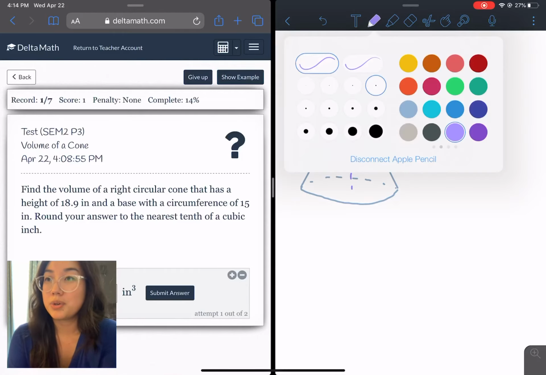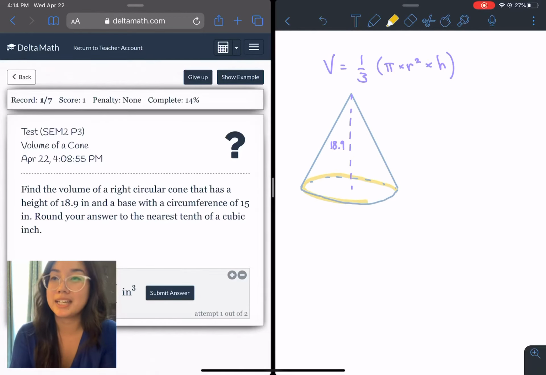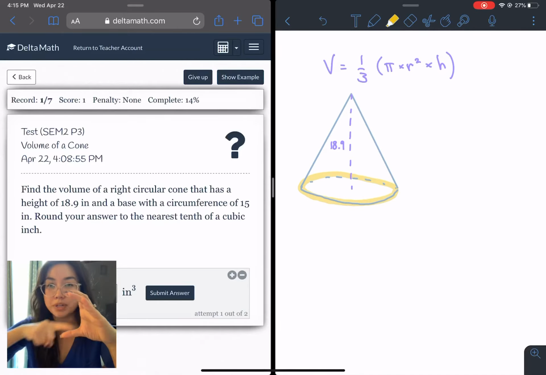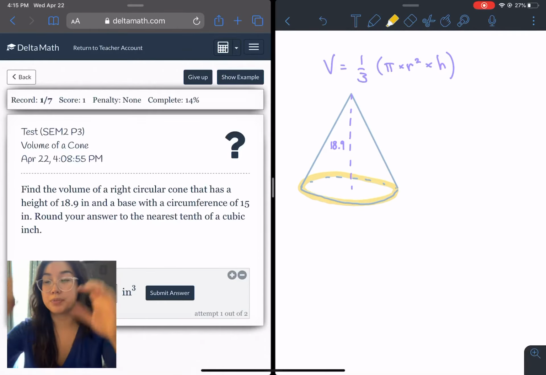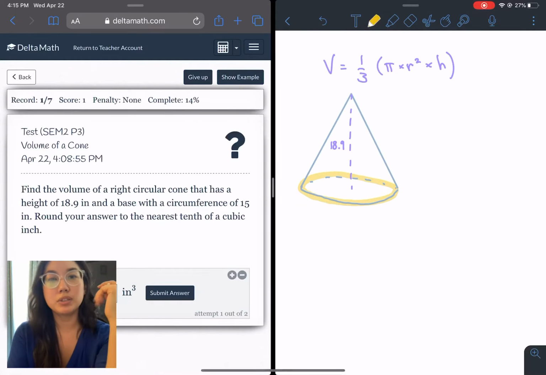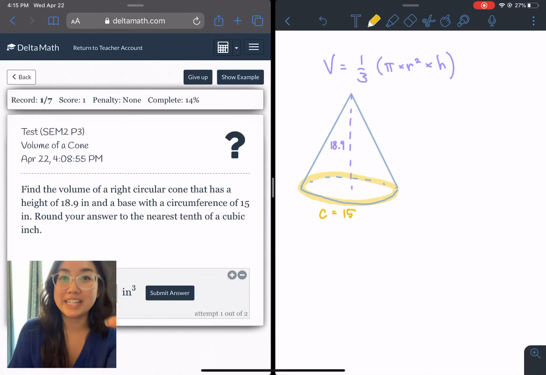All right, so here is my diagram. I have my cone that has 18.9 as the height, but now the circumference, again, it's almost like the outer perimeter of your circle. So when you're looking at the circumference, that is where we're going to get our radius from.